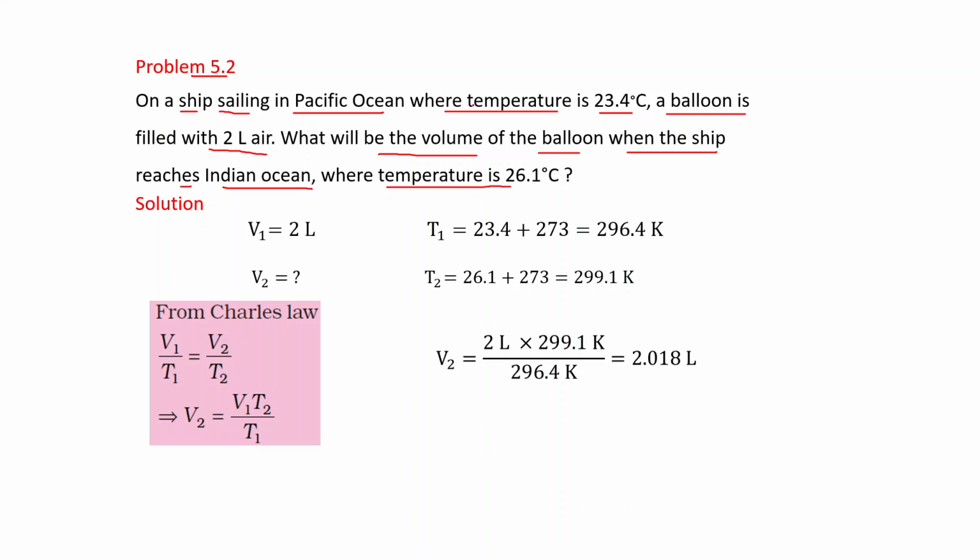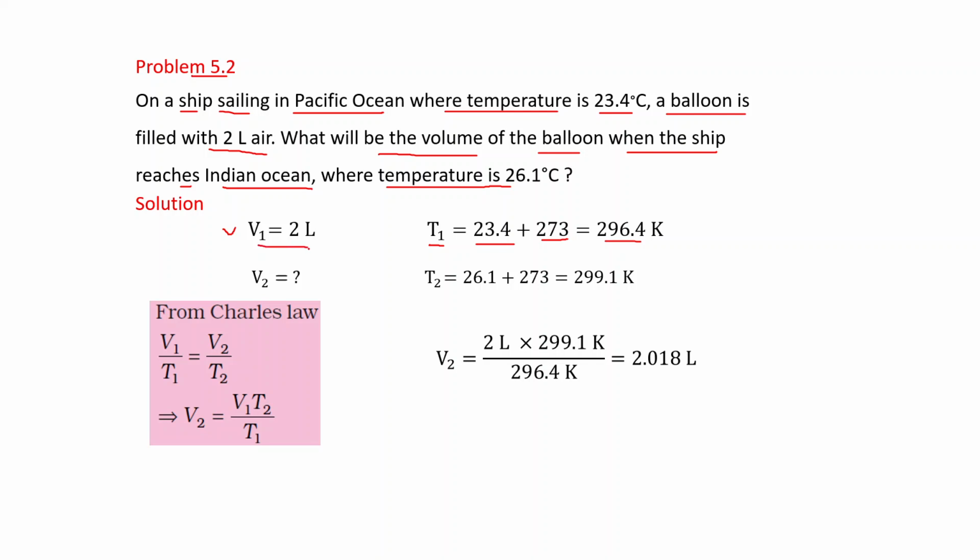First of all, see what is given in the question. Temperature is given in degrees Celsius, and when we add 273, we will get the temperature in Kelvin scale. Actually, we have to add 273.15, but we can use 273 for the sake of simplicity.